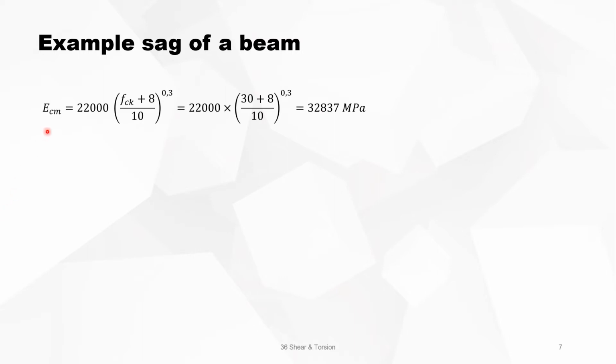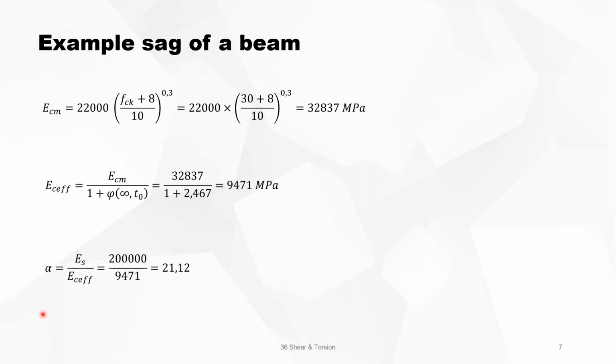The mean modulus of elasticity of concrete is then equal to 32,800 megapascal. The effective E modulus of concrete is Ecm divided by 1 plus phi. We calculated phi, so it's 9,471. Again, it is around 10,000 megapascal, which is an expected value.